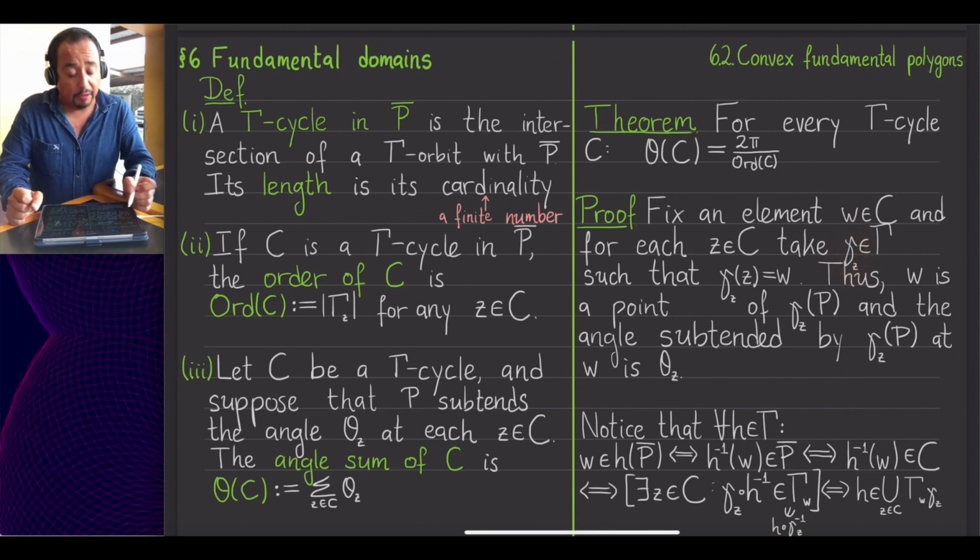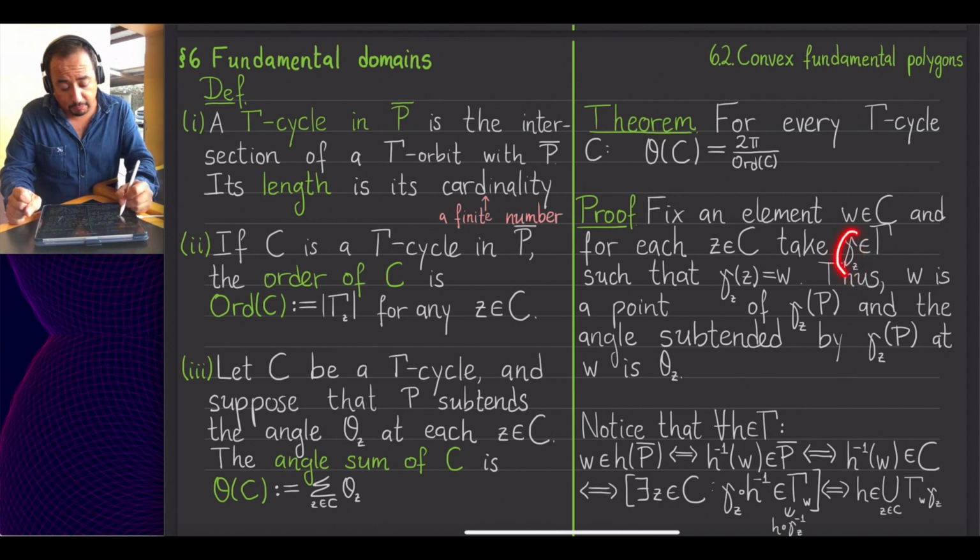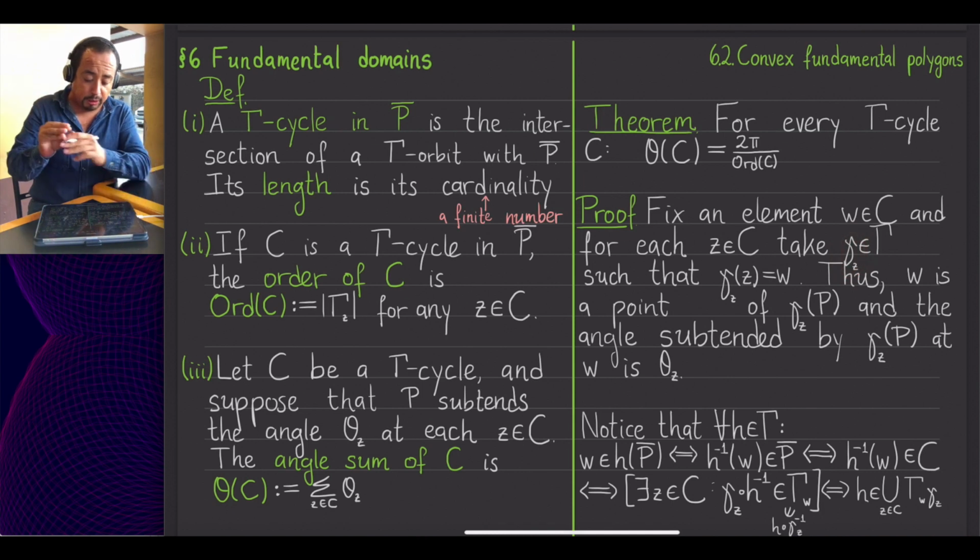That's the first thing. Now, there may be, of course, many such elements. So what we do is we fix one, and we're going to keep it fixed for the rest of the argument.